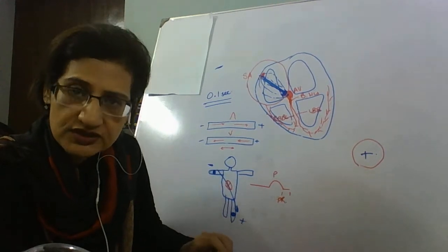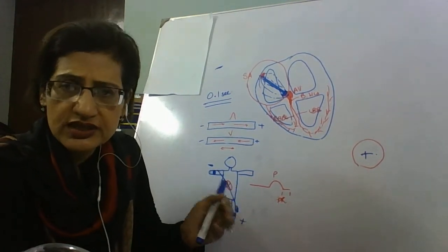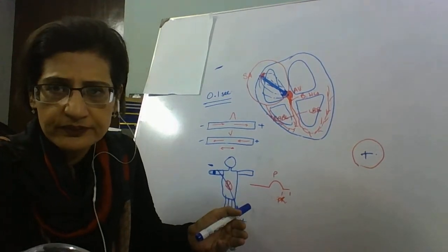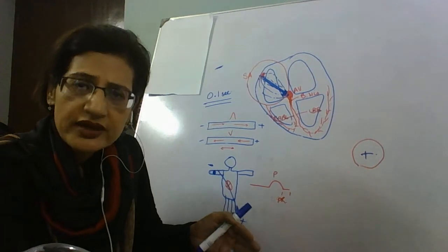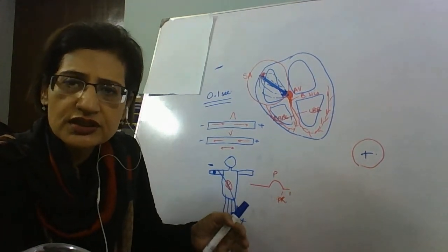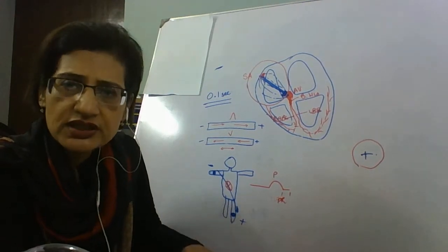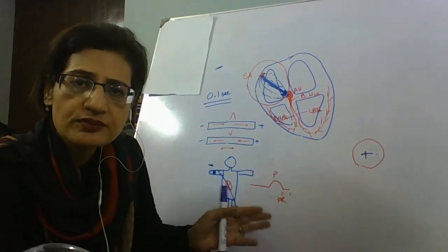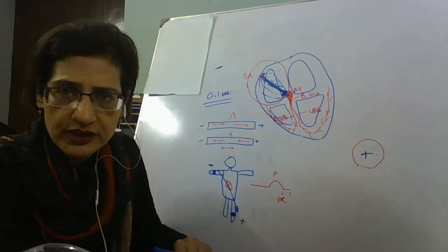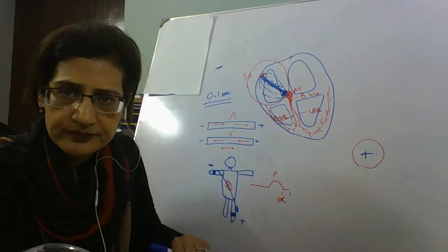So in the first degree heart block, the PR interval is longer, so the delay is longer. In the second degree heart block, it varies according to a certain number of impulses reaching the bundle of His and some not being able to reach and pass through the AV node. So there are skipping sort of beats.